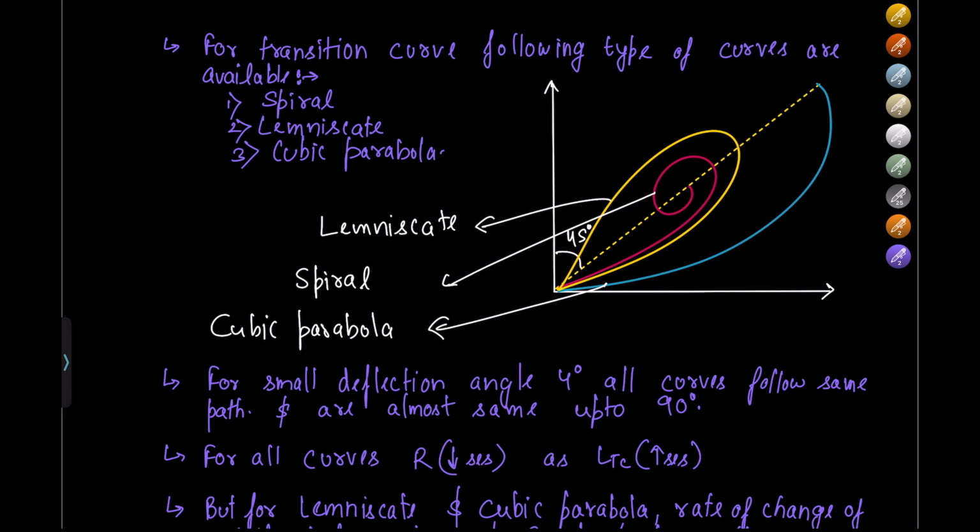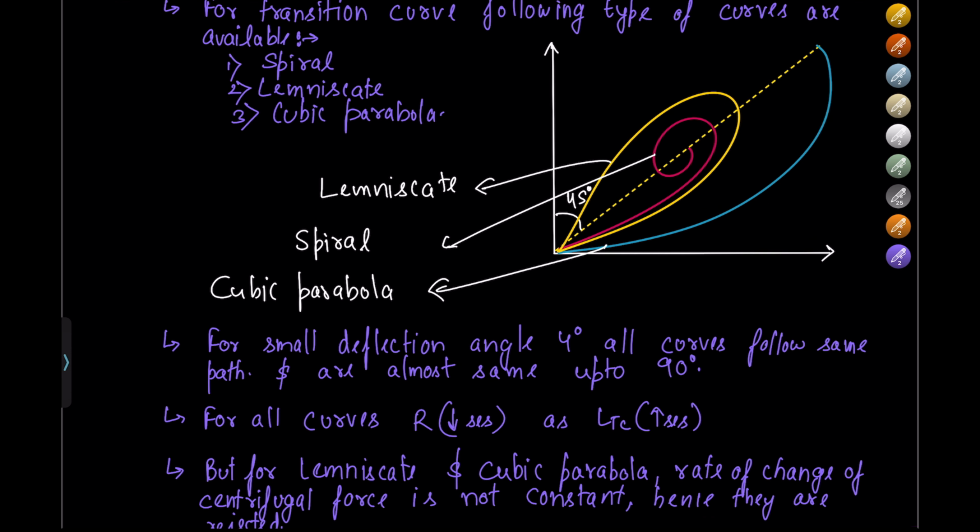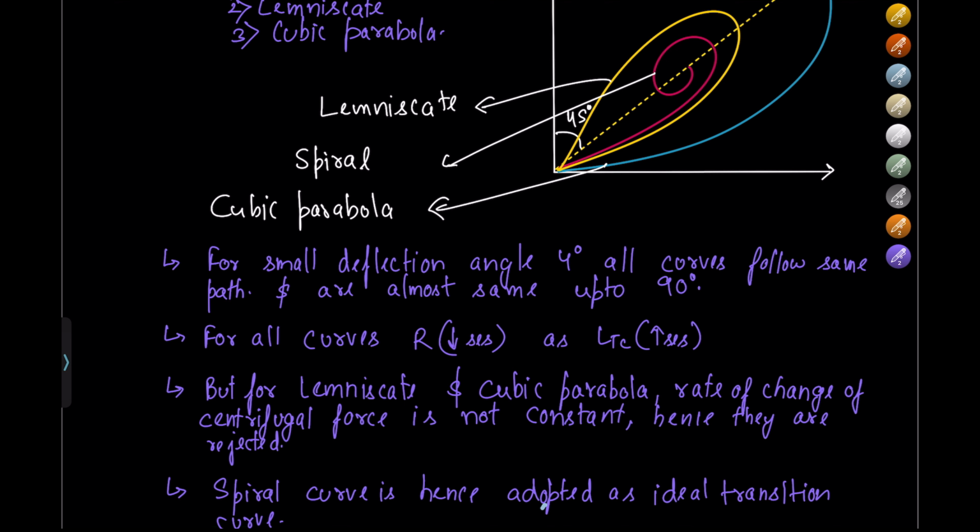The change in angle is almost the same for each of the curves. So any curve we use is ideal, but there are some drawbacks for lemniscate and cubic parabola, and spiral is used. I'll explain it in the coming portion. For a small deflection angle less than 4 degrees, all curves follow the same path and are almost the same up to 90 degrees, right?